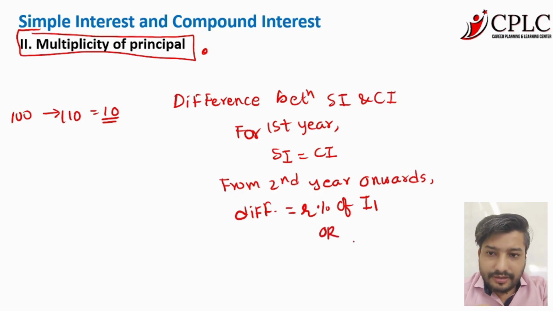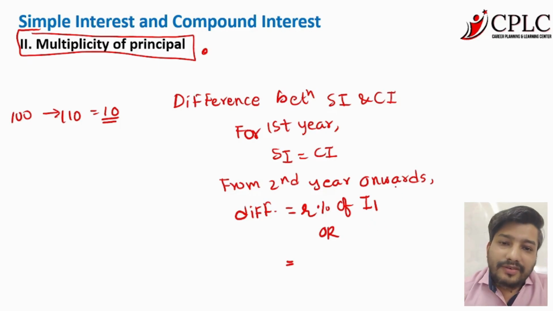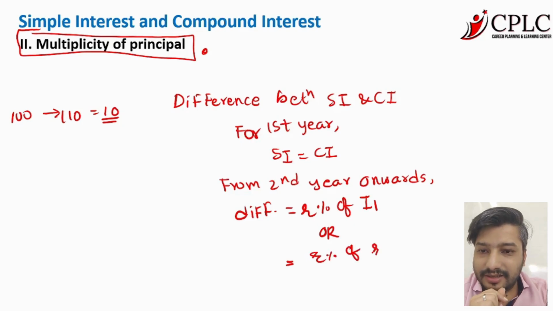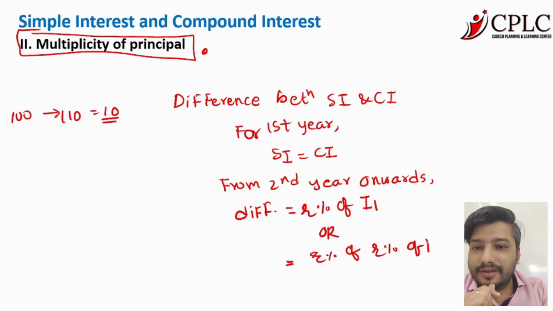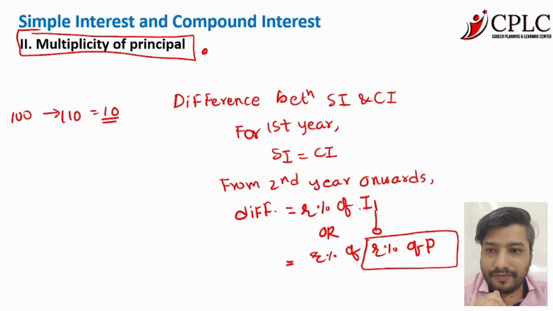Now another formula is also there which you can remember, and it is again an extension of the same idea. This I1, the first year's interest, how do you arrive at it? Very simply, if you remember, you did 10% of 1000. So that I1 can be replaced as R% of P. So basically you have two different formulae for the difference.